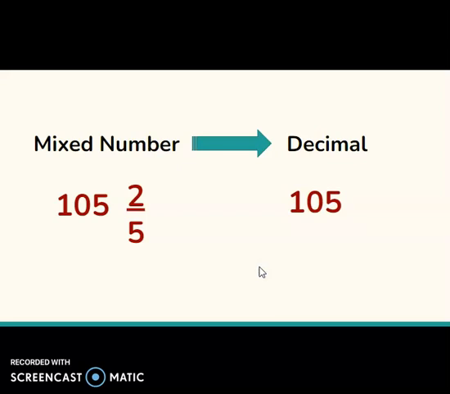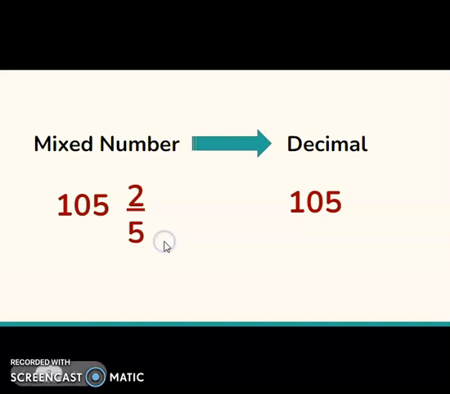Let's work out the fraction part. Since you can see that 2 upon 5 is already in the simplified form, we can make it equivalent to 10 or 100. Since 20 times 5 is 100, when we are making it equivalent, we do the same to the numerator.